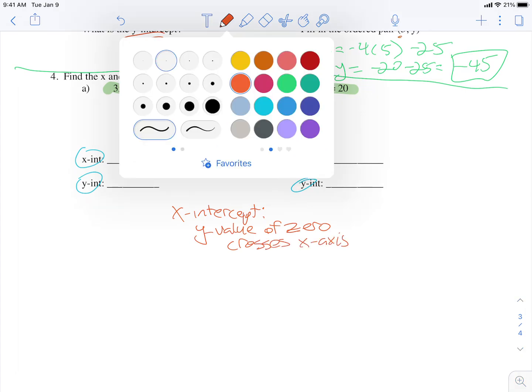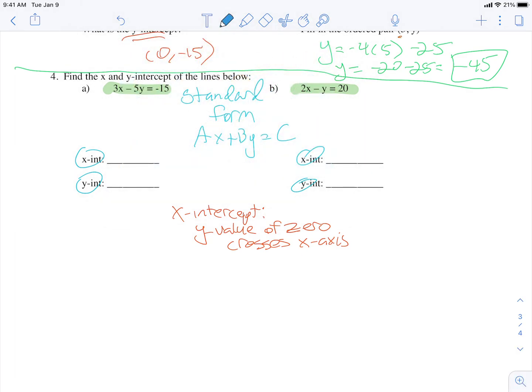So if I want to find an x-intercept, all I got to do is substitute 0 in for y and solve for x. A y-intercept has an x value of 0, and it crosses the y-axis.